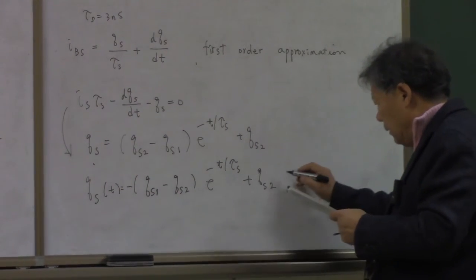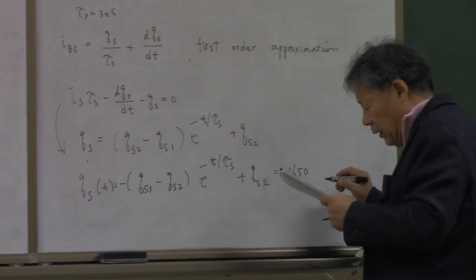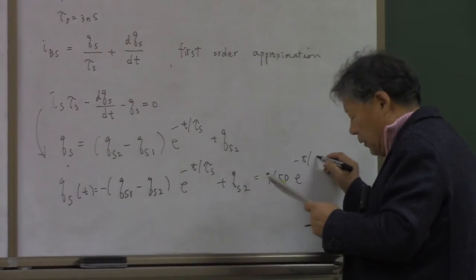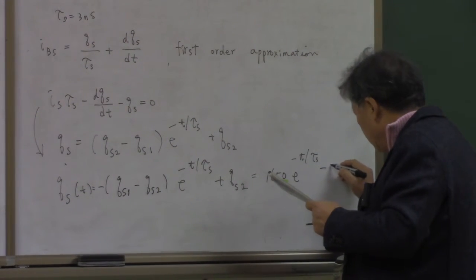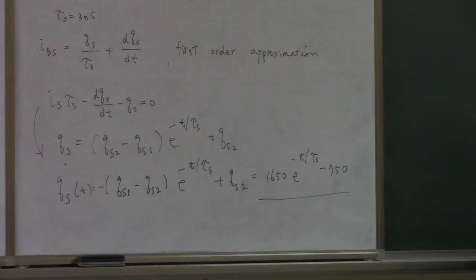Okay. And then 1650 e to the minus t over tau s minus 750. That is the equation.